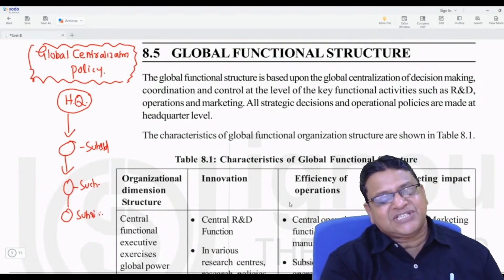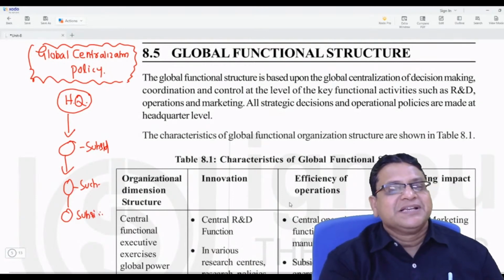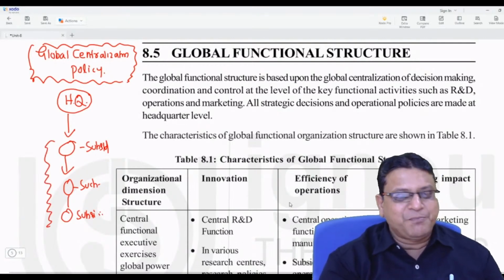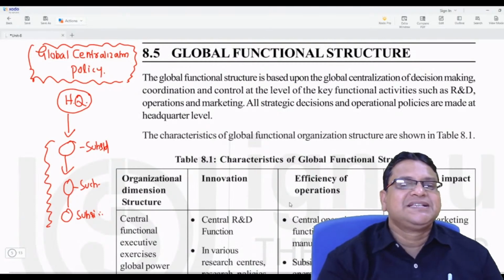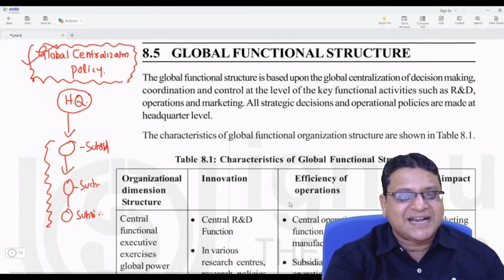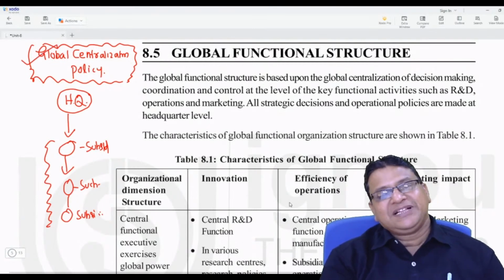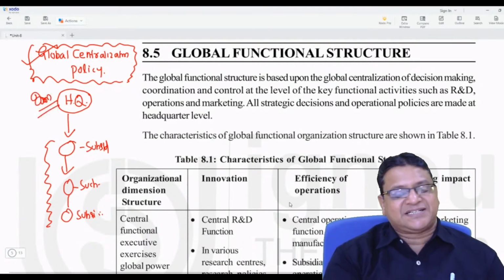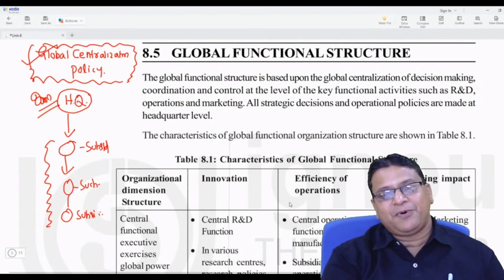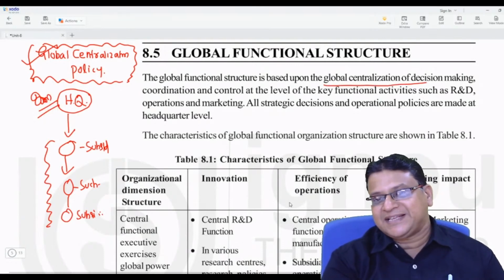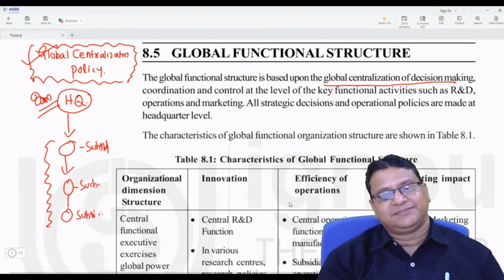Anything that increases the importance of headquarters is centralization, and anything that increases the importance of subsidiaries is decentralization. Global functional structure is based upon a global centralization policy. In this case, the importance of headquarters is increased.